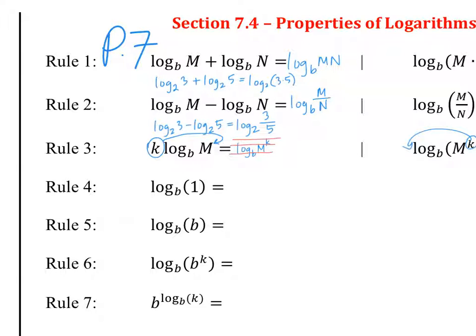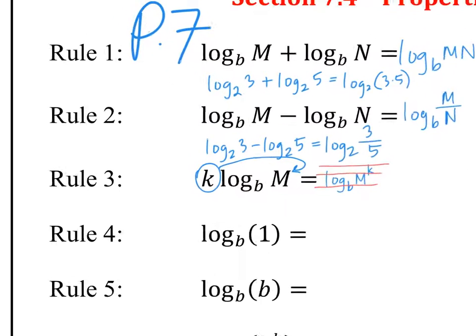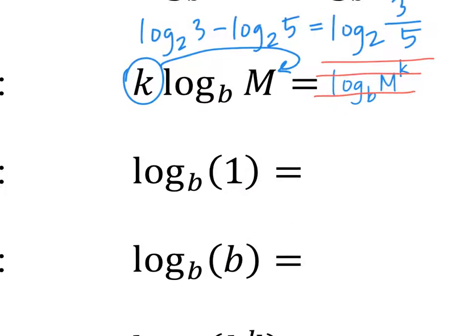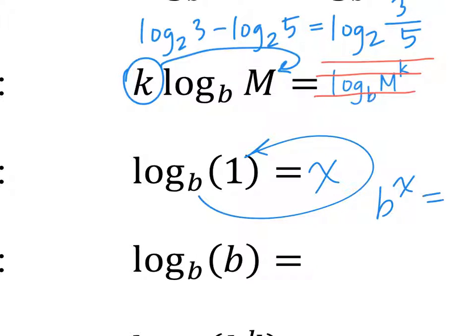Okay, rule number 4. Log base b of 1. Remember that we can just do the loop rule to find out what that number is. So b to the x is 1.